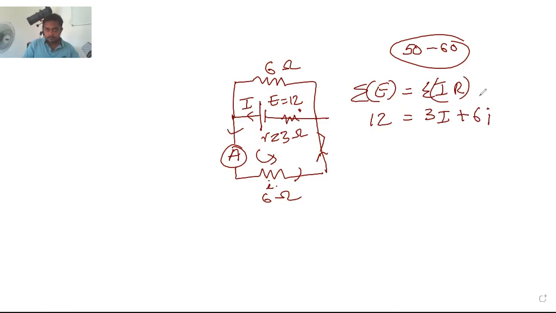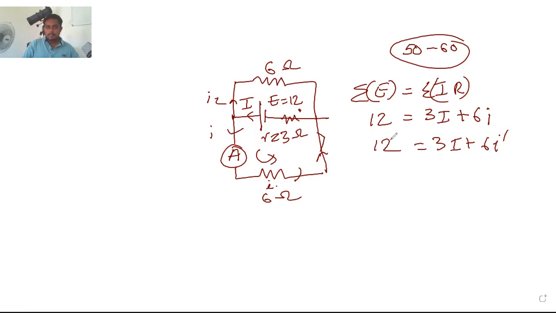And so I'm getting, this is simple I, and here simple I dash, I am getting the same equation. I'm getting 12 is equal to 3I plus 6I dash. So finally I can get that I dash and I are equal.